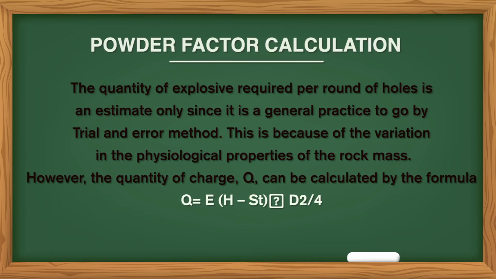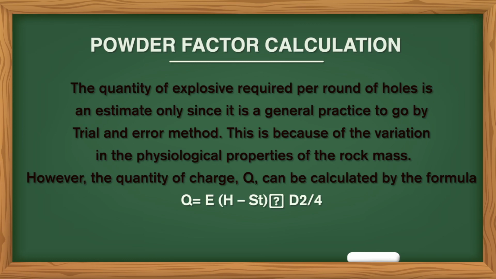Powder factor calculation, the next point. The quantity of explosive required per round of holes is an estimate only, since it is general practice to go by the trial and error method. This is because of the variation in the physical properties of the rock mass.